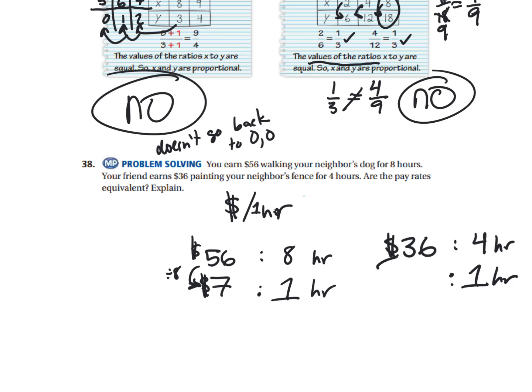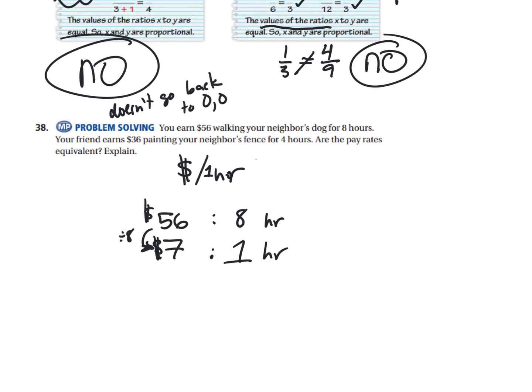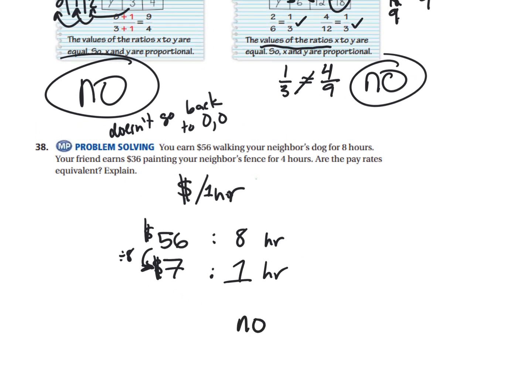I see that 4 divided by 4 is 1, so we need to divide this by 4. 36 divided by 4 is $9 an hour. Clearly, we can see that $9 an hour and $7 an hour are not the same. So we would say no, and we would say their unit rates are not equal.